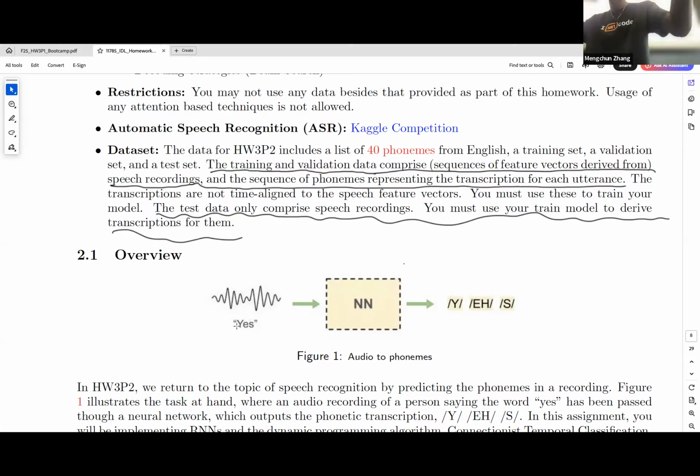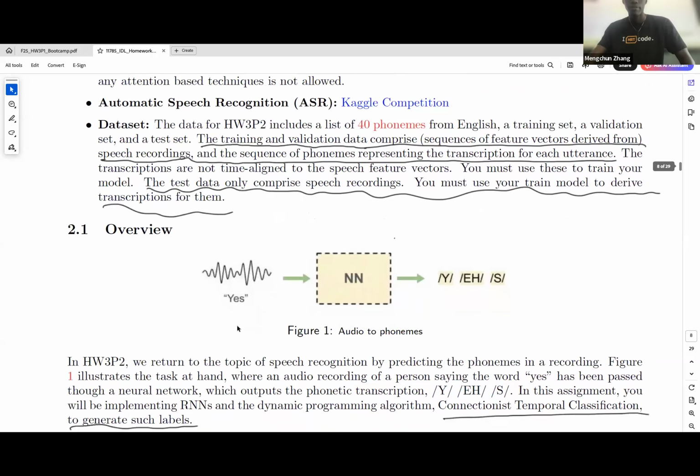Is it 2? Is it 3? Is it 4? That's the main backbone of this assignment. So we are trying to find out, if the word is hello, H covered how many frames? And then E, it covered how many frames? Then L, it covered how many frames? And you also see that L appears twice in the word hello. So you're asking yourself, the first L, where did it start? Where did it end? And then where did the second L start? And then where did it end? So that's this dataset.